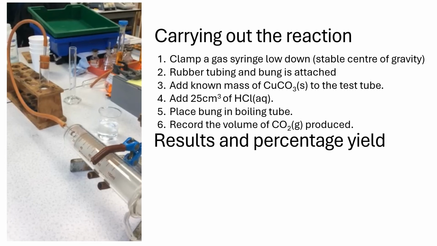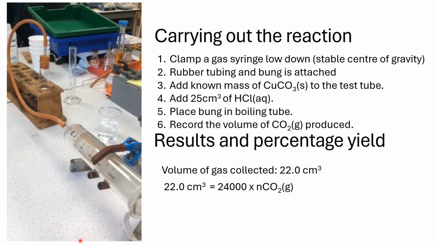So let's use our results to work out the percentage yield. We collected 22.12 centimeters cubed of gas. So that measurement there was 22.0 centimeters cubed. So that's going to be 24,000 times the number of moles of carbon dioxide, which actually ends up being 9.16 times 10 to the minus 4 moles.